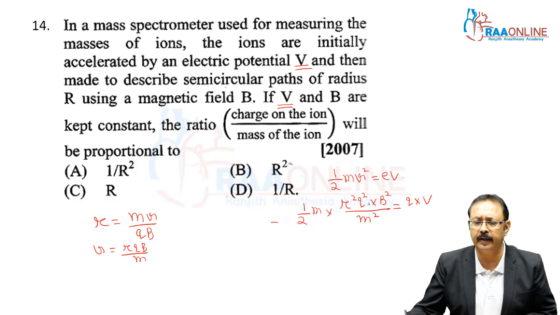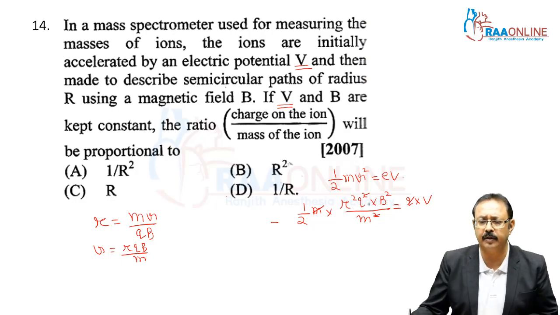So now we get the relation, cancel M with M, Q with Q. Now take charge and mass on this side, Q upon M. All remaining things on the second side. So this 2 I am taking there. V is already there.